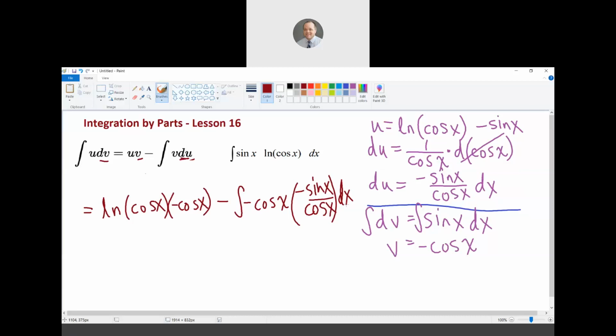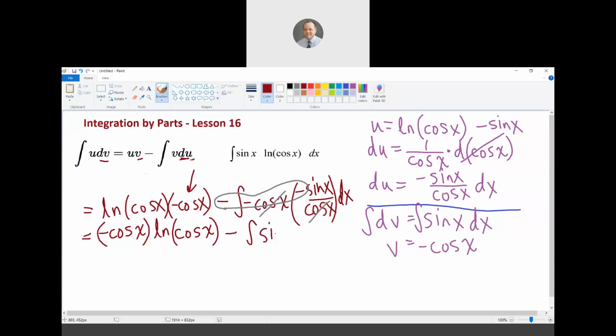Now, a few things we can do before integrating. This negative cosine x, move it to the front of your natural log. Next up, the cosines cancel. And all of our negative signs, when we multiply them together, give us a negative sign.